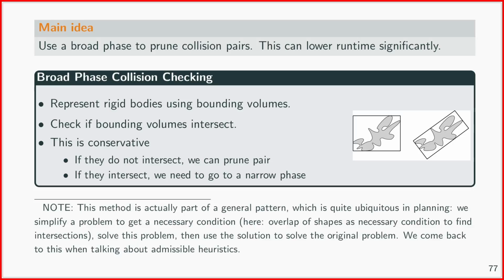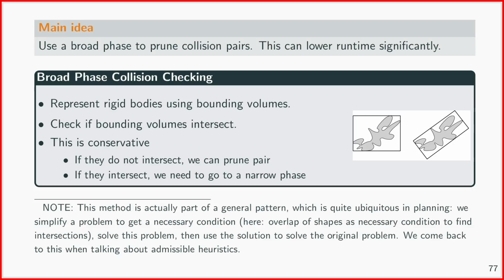And in this broad phase, you're just trying to figure out are those objects close to each other or are they far apart? And if they are far apart, then there's no need to actually check for collisions because they cannot possibly be in collision. And this approach can really lower runtime significantly. And I would say this is really the preferred approach for collision checking.